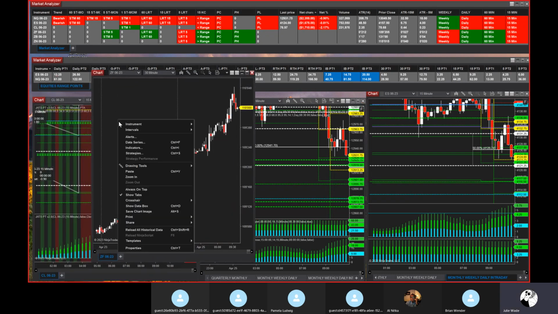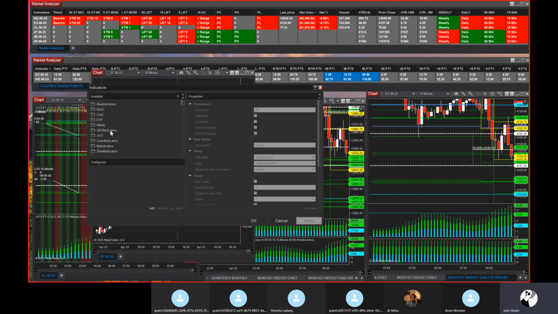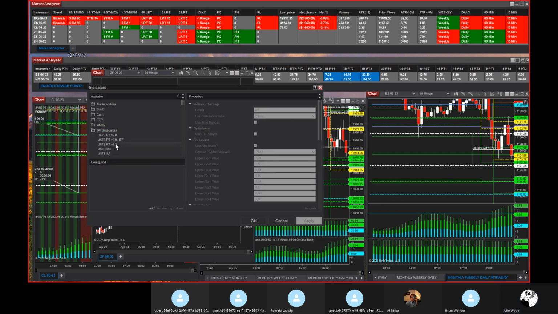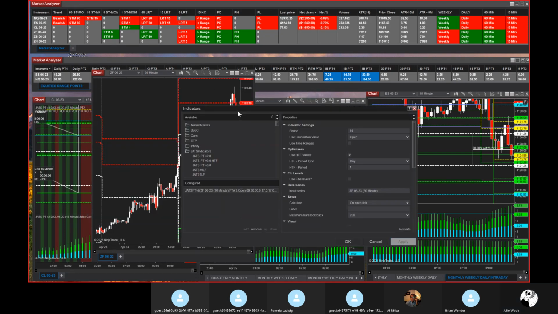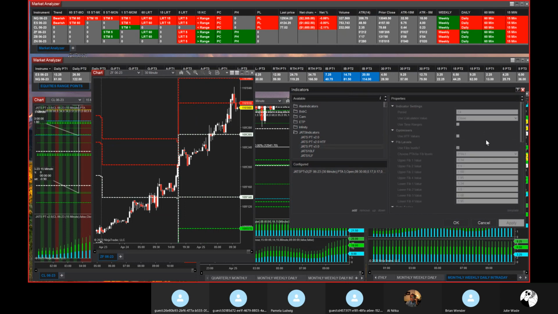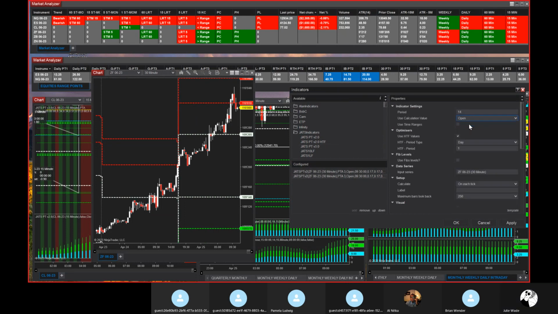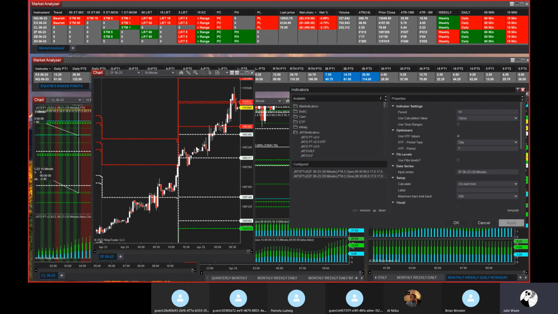So here's the CF. You can see it just exploded, didn't it? 110.